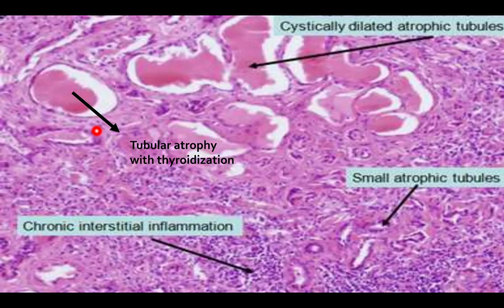As you are seeing, the pink to blue glassy appearance is there. Hence these look like colloid casts, hence we say tubular atrophy with thyroidization.